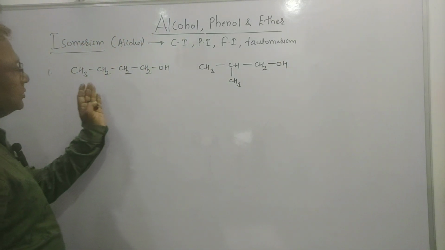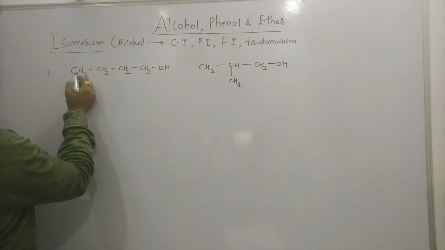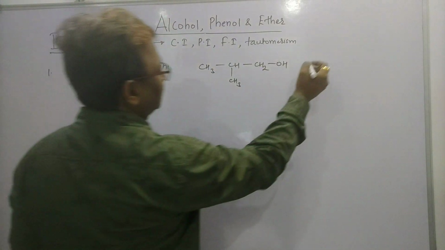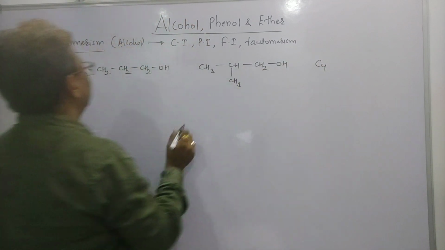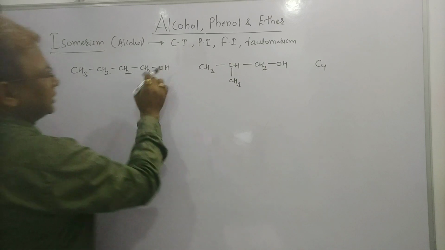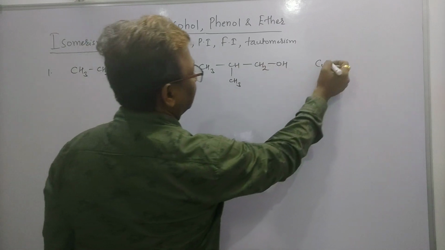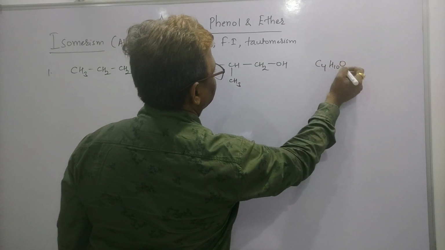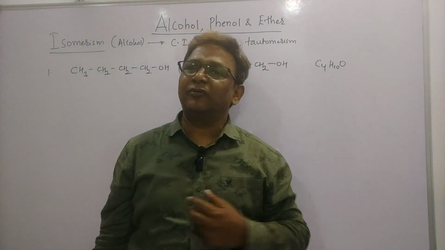If I ask you whether these two compounds have the same number of carbons or not, you can count here: 1, 2, 3, 4. 4 carbons. Hydrogen: 3 plus 2 is 5, 5 plus 4 is 9, plus 1 is 10. Hydrogen 10. Oxygen 1. It means both compounds have a similar molecular formula.